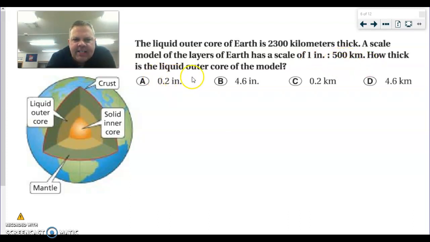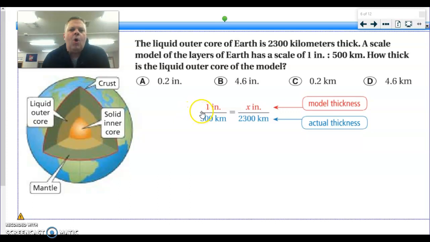How thick is the liquid outer core of that model? So what you can see here is I can set up 1 over 500 is equal to x over 2,300, because they told me that core is 2,300 kilometers thick. So that's going to go with my kilometers. So I'm going to find out on my model how many inches that is.